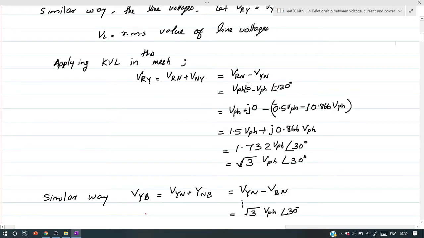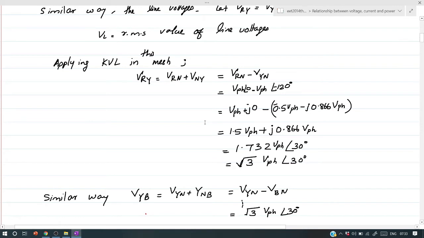In polar form, VRN can be written as V phase angle 0 and VYN can be written as V phase angle minus 120 degrees. Now we can convert this polar form into rectangular form like this. V phase plus j0 minus the rectangular form representation of this, which is minus 0.5 V phase minus j0.866 V phase.